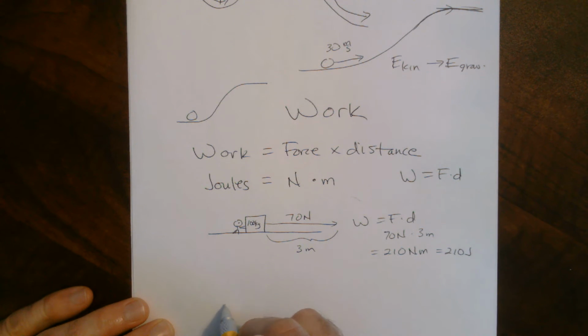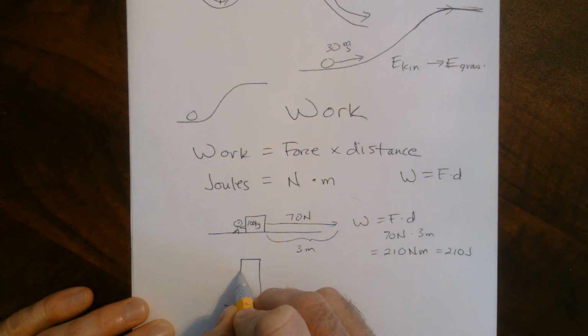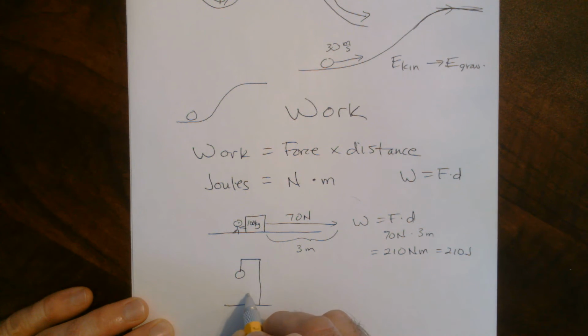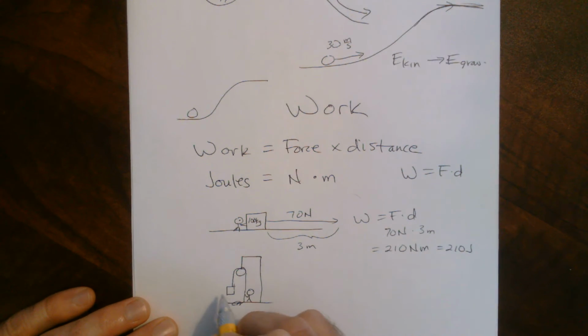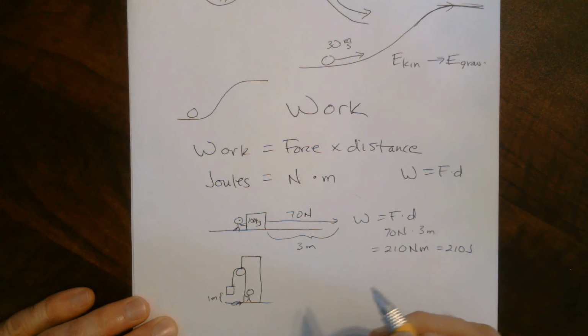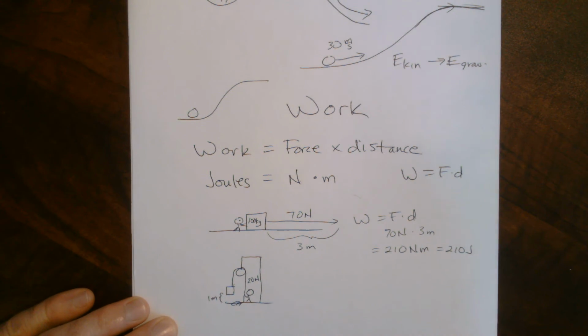Okay? Other examples. Let's say maybe I've got some sort of a pulley system here. I've got a rope over a box, and I've pulled a bunch of rope through the pulley, and I've raised this box 1 meter, and I applied a force of 20 newtons to it.